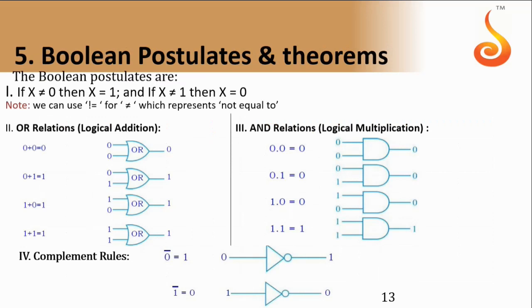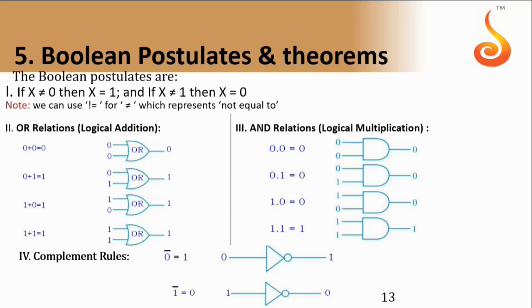So what is a postulate? The fundamental conditions or self-evident propositions are called postulates. That is, postulates of Boolean algebra originate from 3 basic logic functions: and, or, and not.